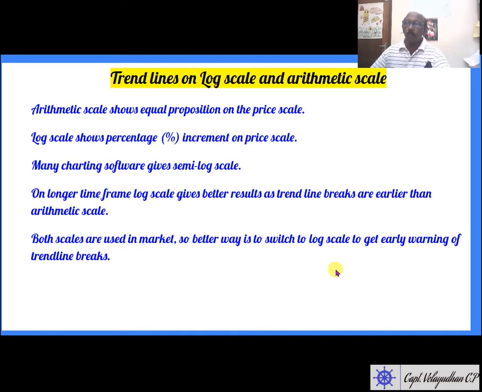Both are valid, but on log scale you get earlier warning and maybe it is more accurate than the arithmetic scale. Now I will explain how the difference shows. If we can make 100 points more, that is the right way to take advantage of the line.